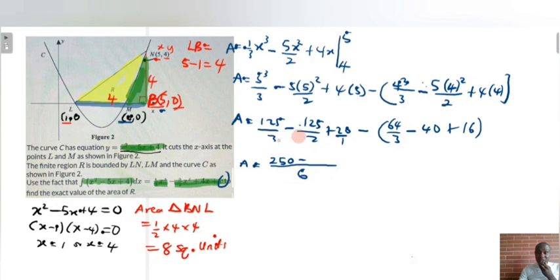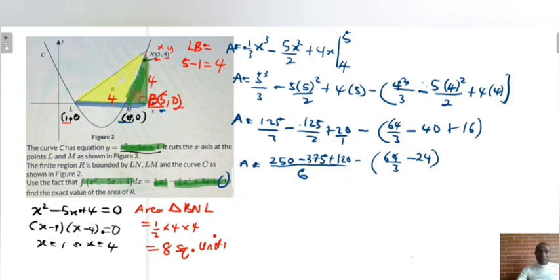That's 3. 3 times 125. That's 375. Plus 6 divided by 1. That's 6 times 20. That's 120, minus. Then I'm going to have 64 all over 3 minus 40 plus 16, which is equal to minus 24.